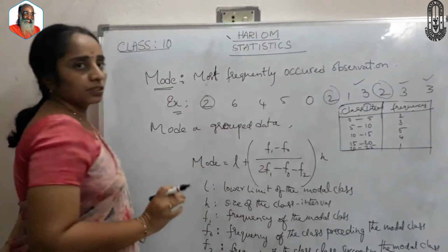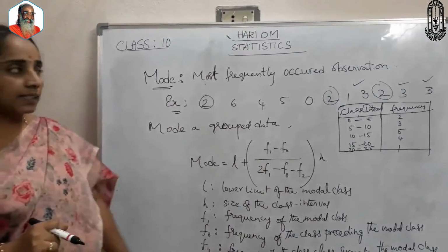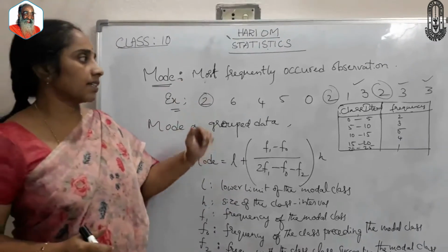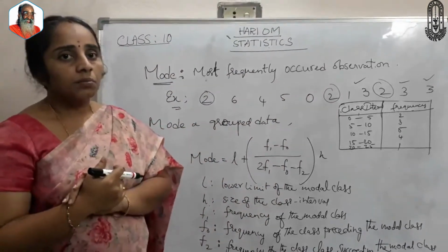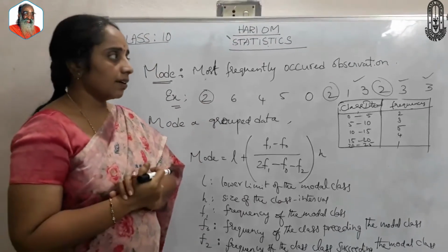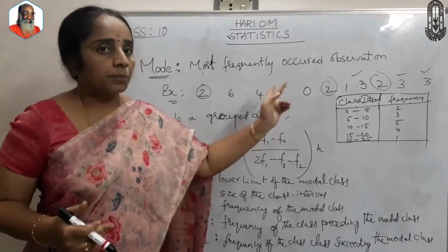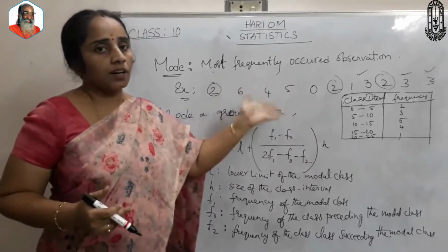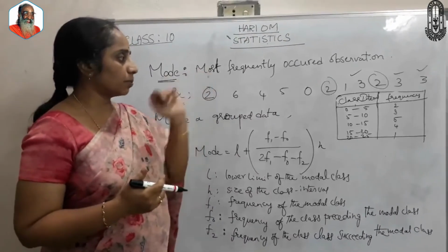So for this data we have multimodal, that is, 2 and 3 both are the mode of this data. Since we have only 2 modes, we can also call it bimodal. So this is about ungrouped data.